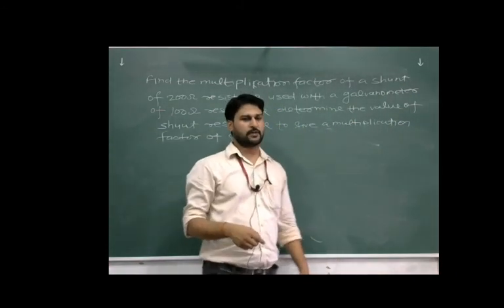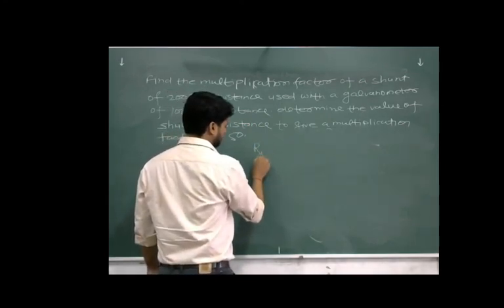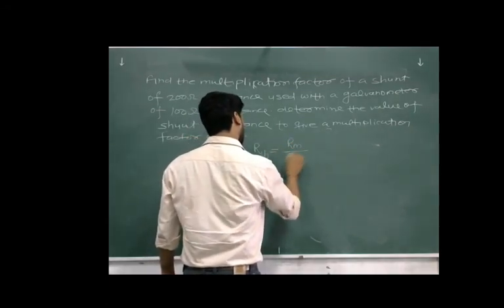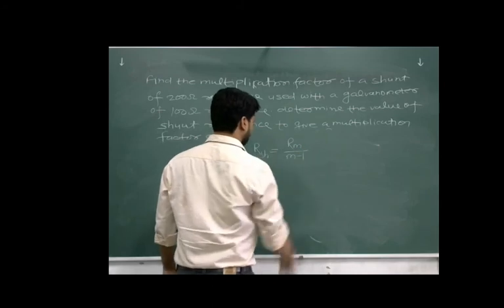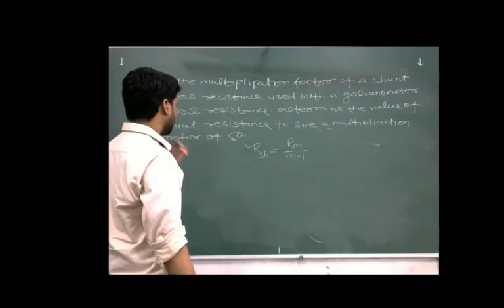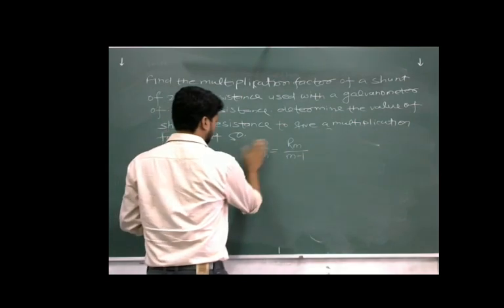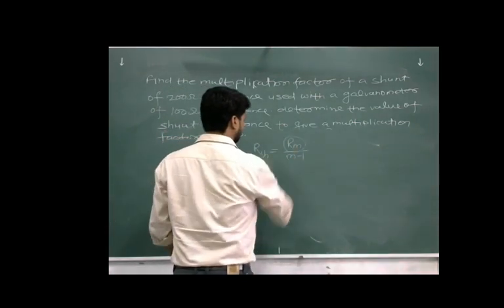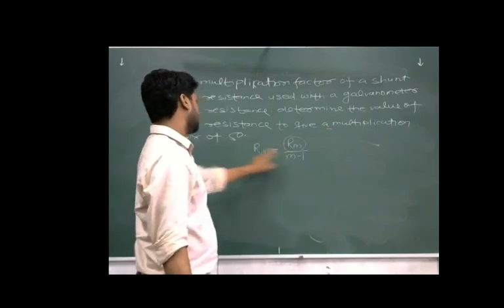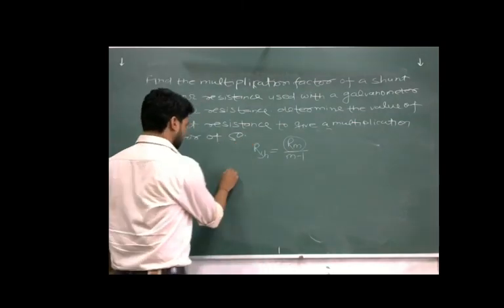Directly we can use the same formula again, or we can write that RSH is equal to Rm upon m minus 1. RSH we have to calculate. Rm is given. What is the value of Rm? 1000 ohm. The value of m is known to me, it is 50. Easily we can find out the value of the shunt resistance.